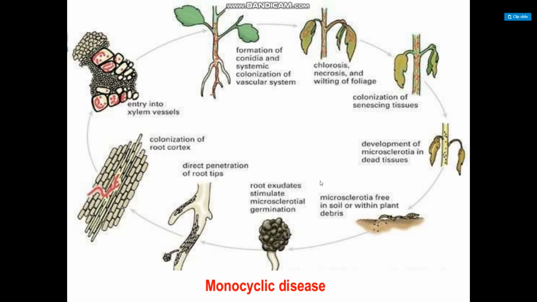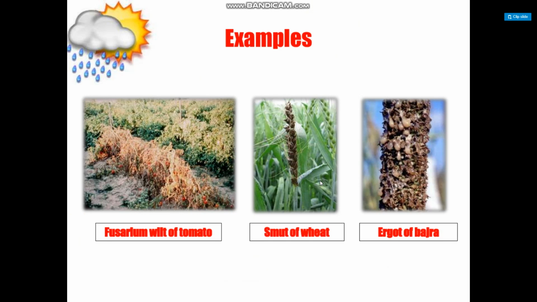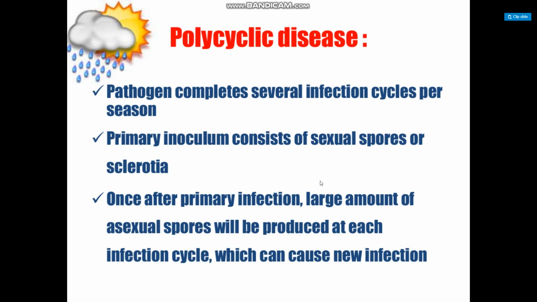After that, chlorosis and necrosis, wilting of foliage happen, and colonization of senescing tissues. Microsclerotia then develop in dead tissues. Examples are Fusarium wilt of tomato, smut of wheat, and ergot of bajra.